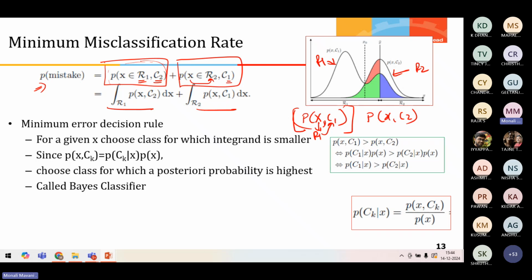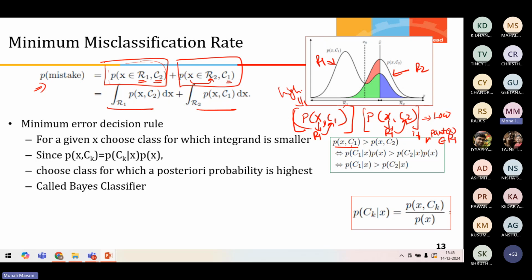If a point X belongs to the R1 region, then that point being classified as C1, we want that high probability, compared to X belonging to R1 being classified as C2. We want this probability to be low. This joint probability of X and C1 is high, we want, if the point X belongs to the R1 region.